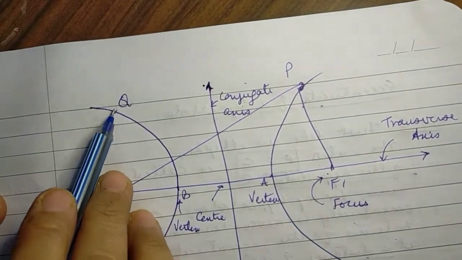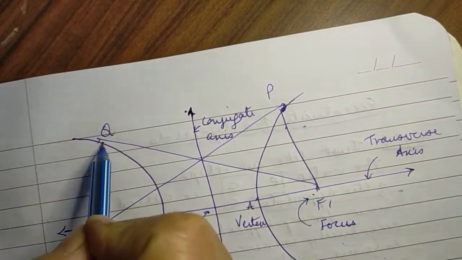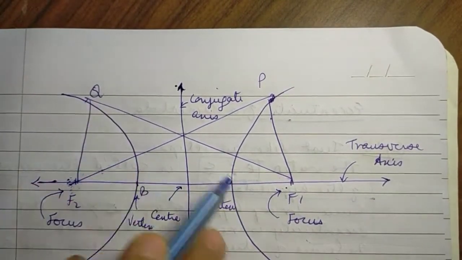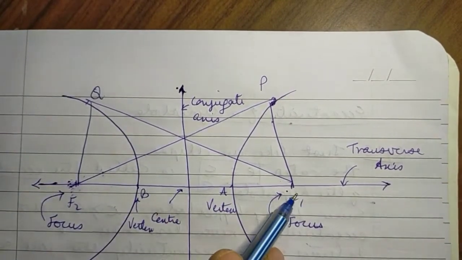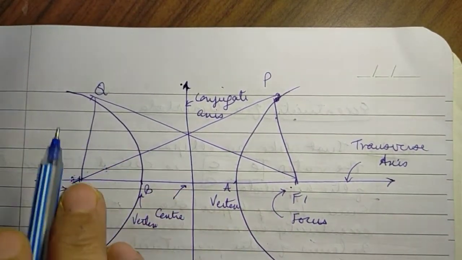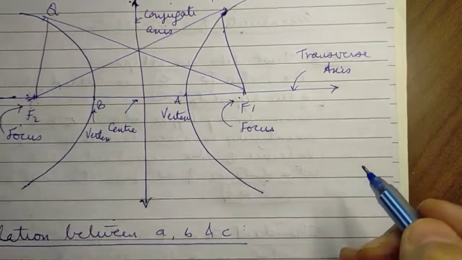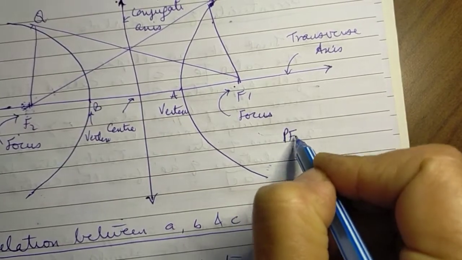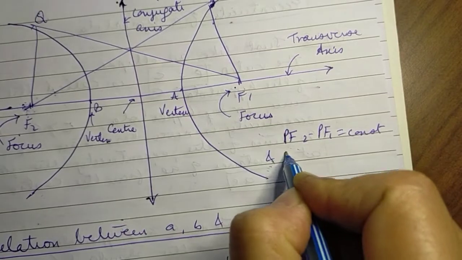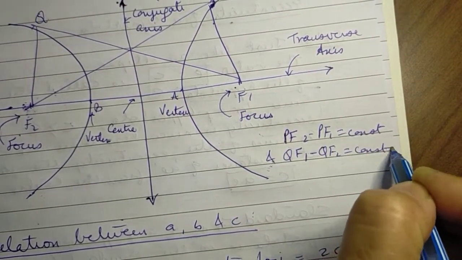Same way, if we take Q as any point on this side, the value of the constant would be found out by the distance of Q from f1, which is the farther of the two points, minus the distance of Q from this closer point, that is f2. So we can write it as pf2 minus pf1 equal to constant, and qf1 minus qf2 is equal to constant.